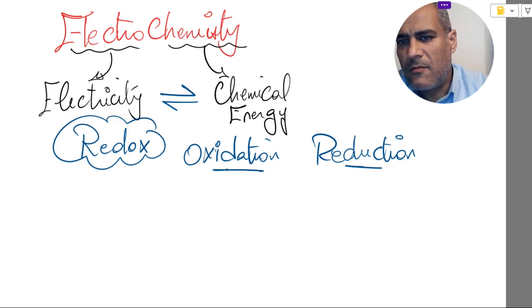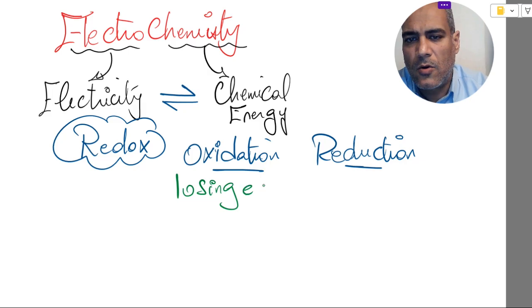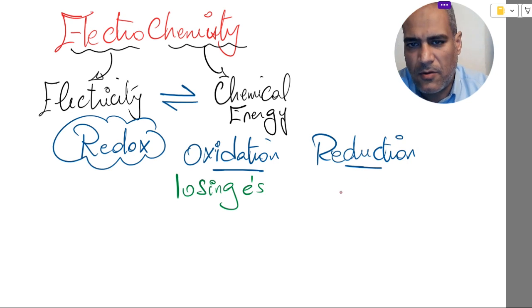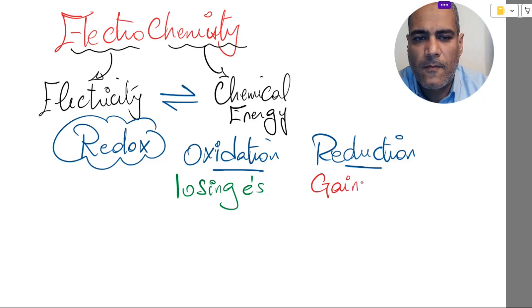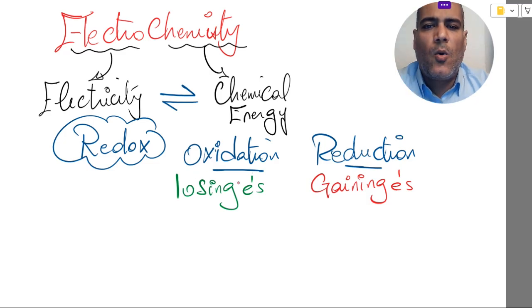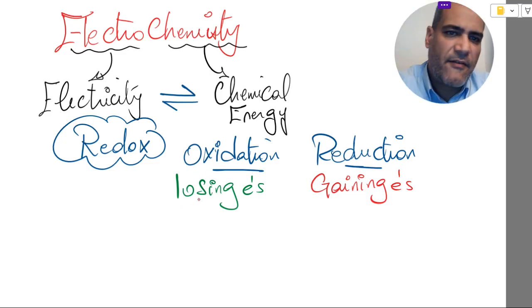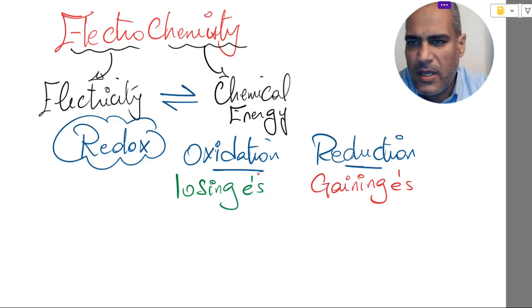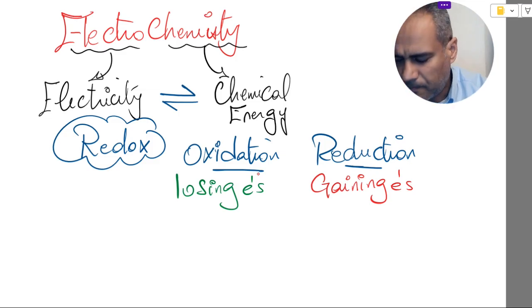In oxidation, the element or the atom is losing one or more electrons, and during reduction, the compound or the element is gaining one or more electrons. When one is losing and the other is gaining, the electron is transmitted from the oxidized element to the reduced element, so we can produce electricity.